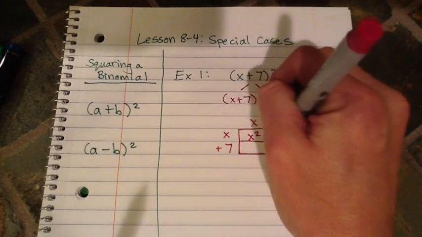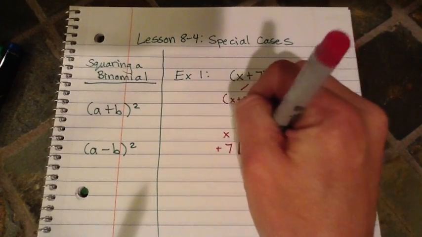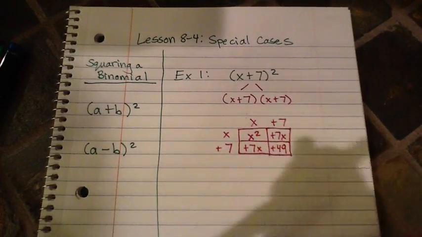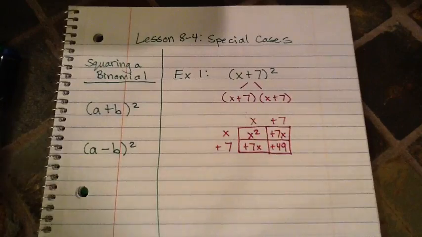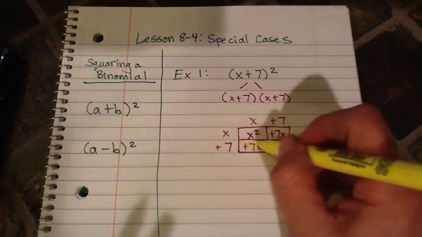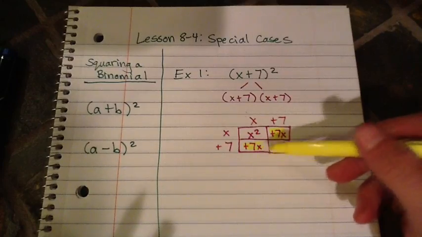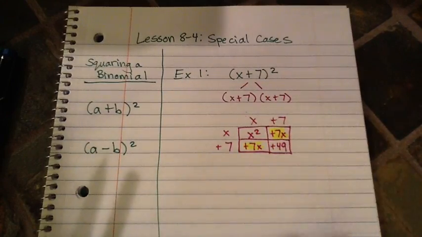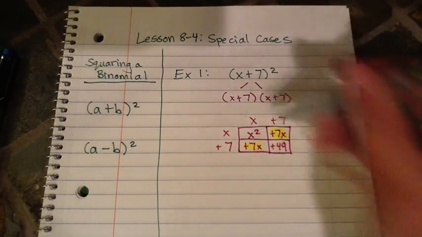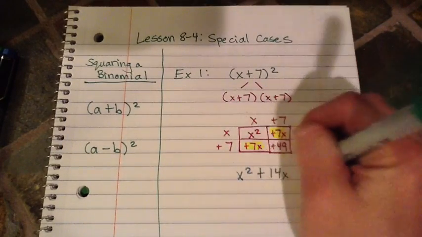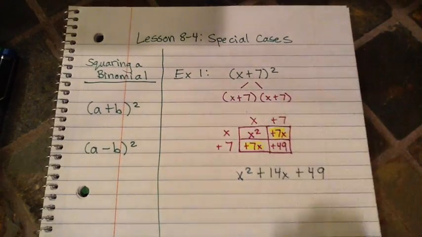You get x squared plus 7x plus 7x plus 49. Here's what I want you to notice in this. When you do that, you end up with the same term here twice. So you can say I have 7x plus 7x, which is 14x. So you end up with x squared plus 14x plus 49.